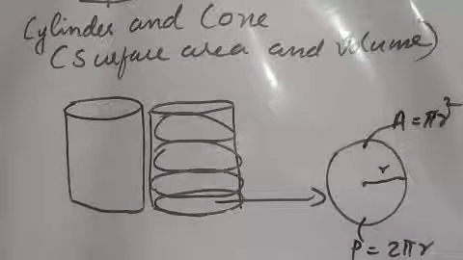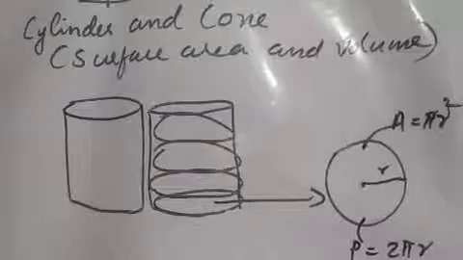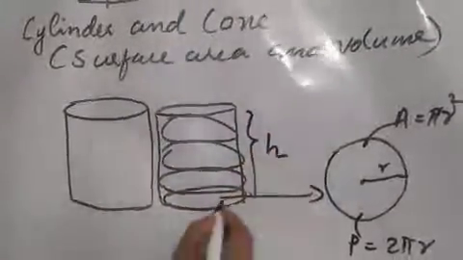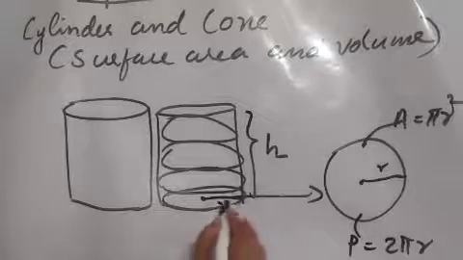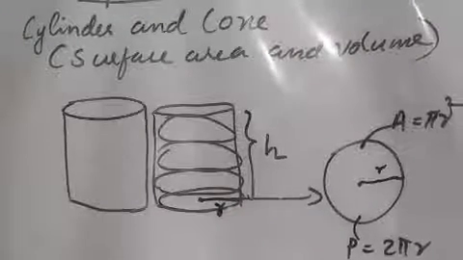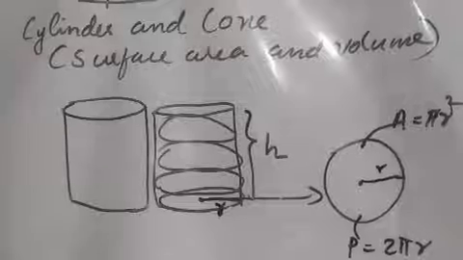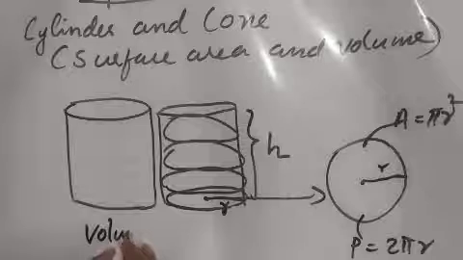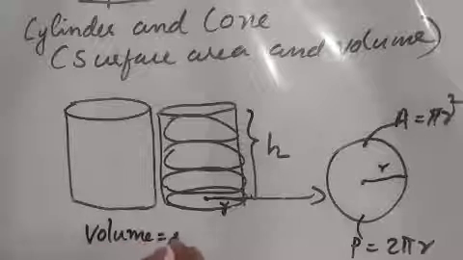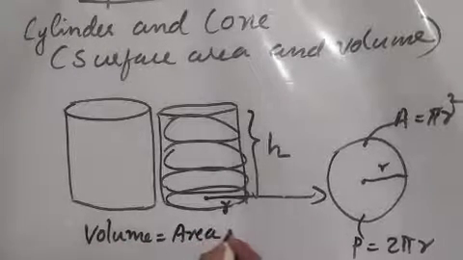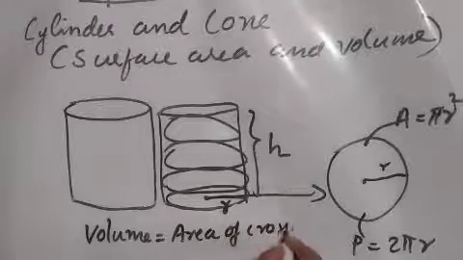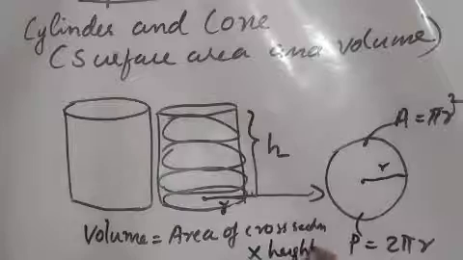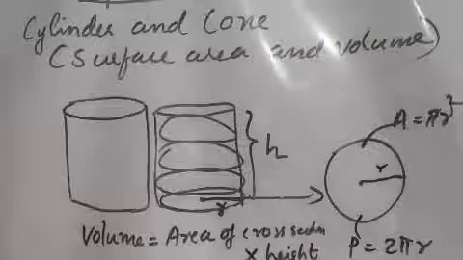So we know the area of a circular shape, and let the height of the cylinder be h and the radius of the cylinder be r. We can calculate the volume of a cylinder. The general formula for a right circular solid is volume equals area of cross section into height.